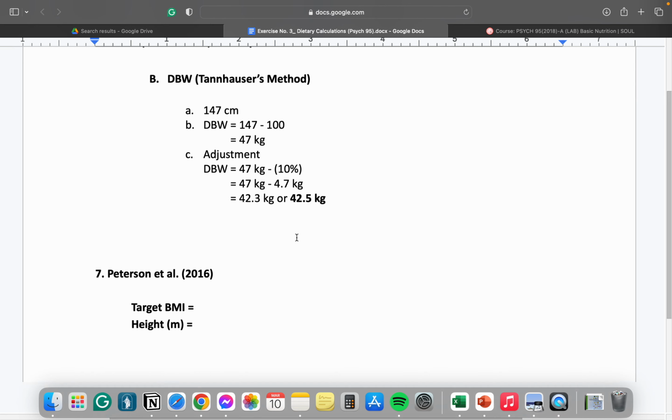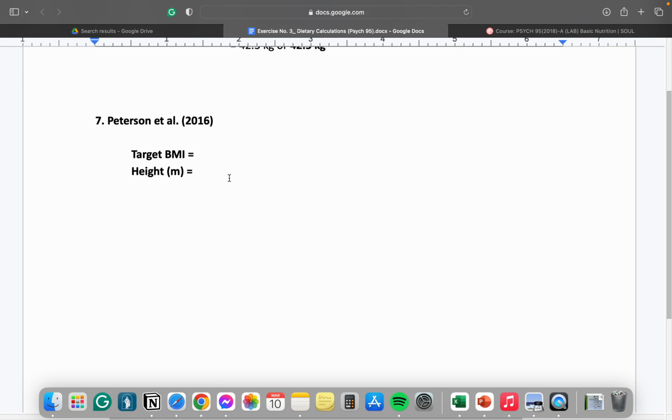All right. So next, we have another formula for determining your desirable body weight. So we have Peterson et al., which is formulated last 2016. So in this case, there are instances wherein patient would have a targeted BMI, for whatever reason they deem necessary for them to achieve a certain BMI. Perhaps an athlete would want to gain weight according to their BMI requirement.